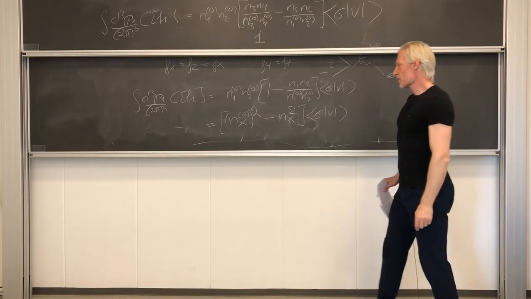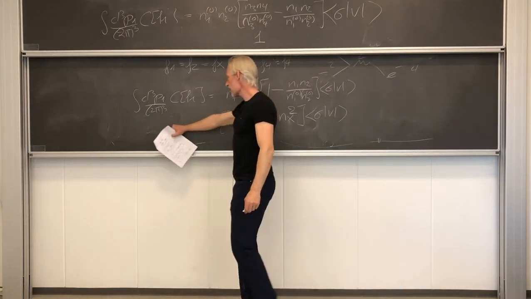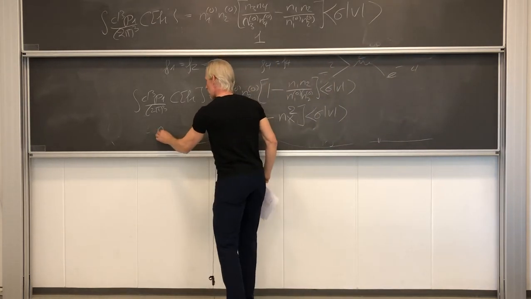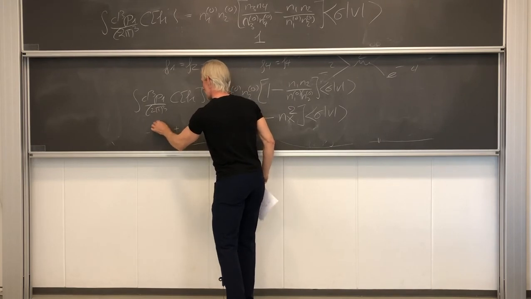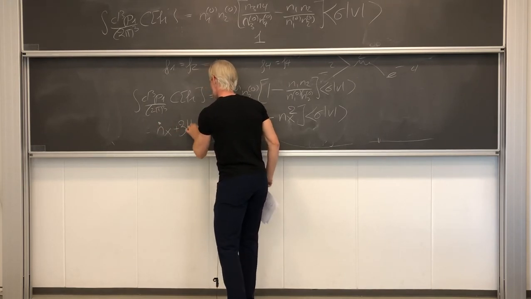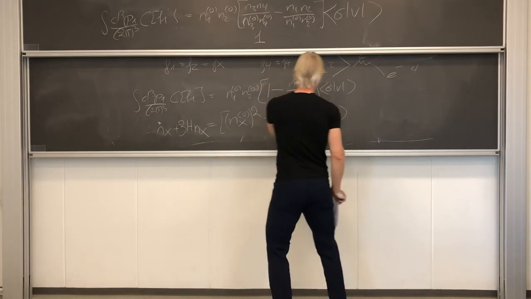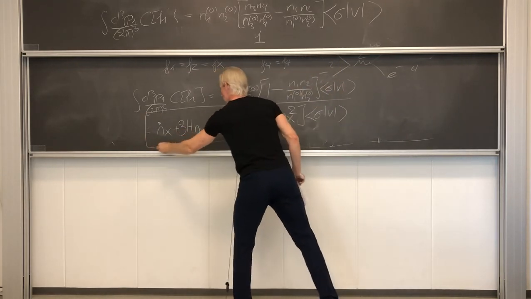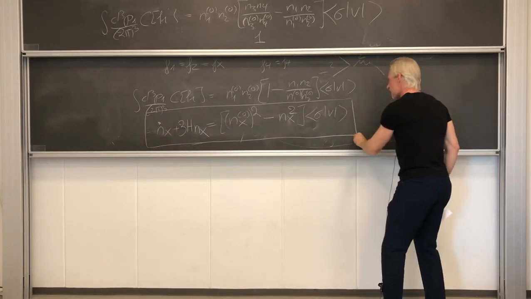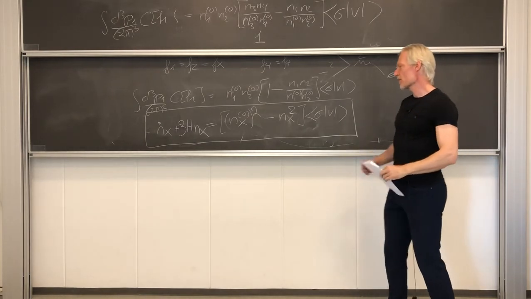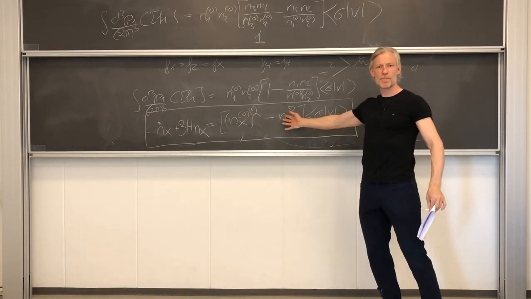And that's the final result. And then if I plug in the left-hand side, remember that's the one that looks like this. So then the final form of this Boltzmann equation actually is just this one.